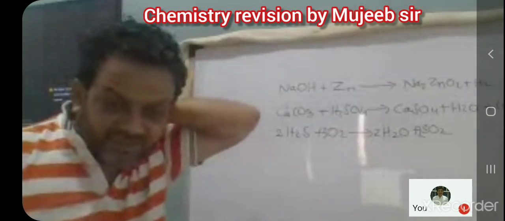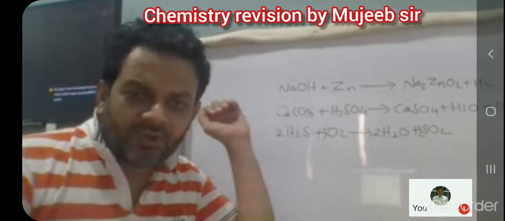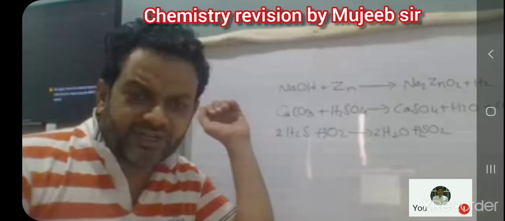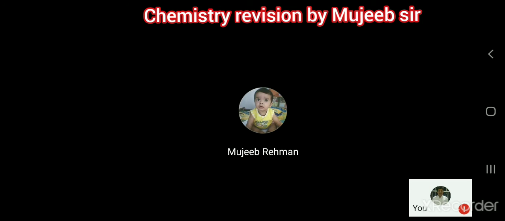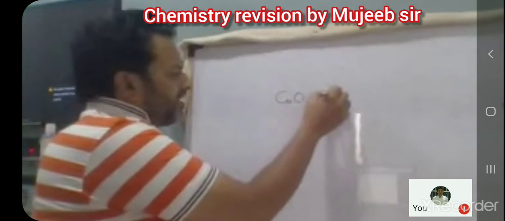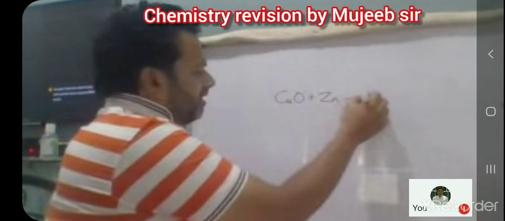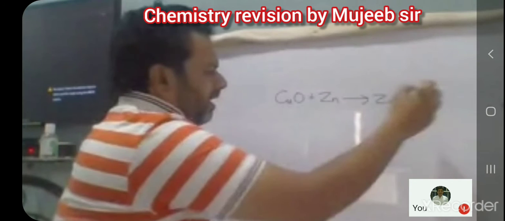Identify the substance which is reduced in the given chemical reaction. Suppose you are asked to classify CuO plus Zn, which gives ZnO plus Cu. Which material is oxidized and which is reduced?